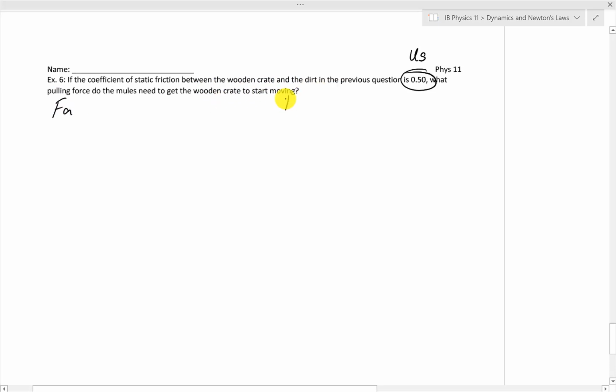So you have to overcome the static friction, which is mu s Fn. Hint from the last problem, Fn is not going to be Fg, okay, because your FA is still going to be applied at a 17-degree angle on a wooden crate that is still 5,000 kilos.